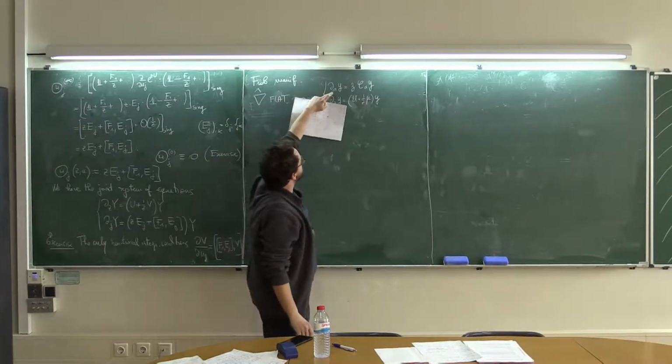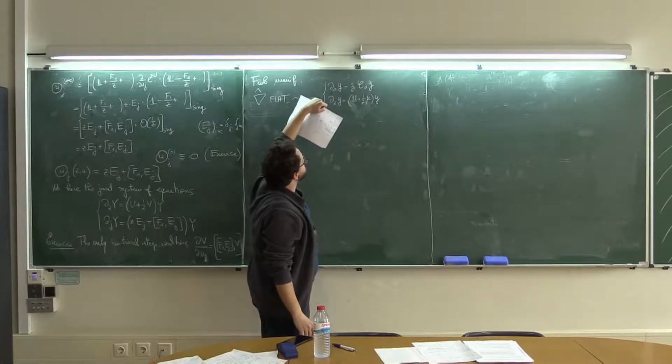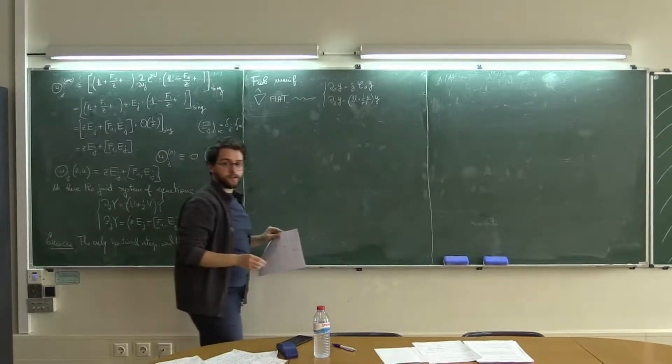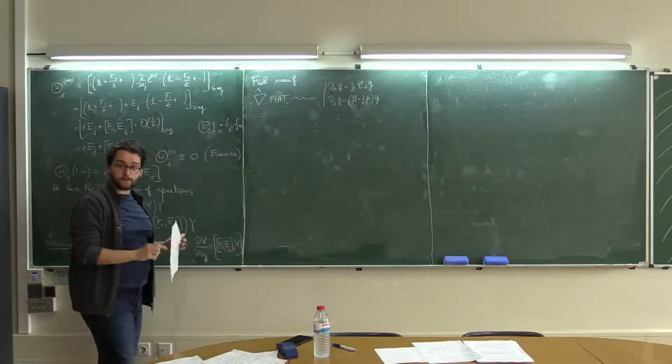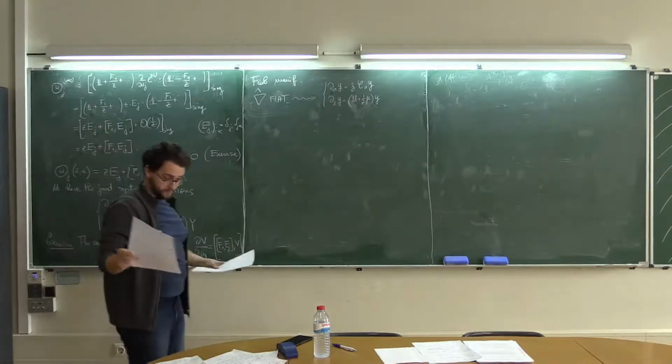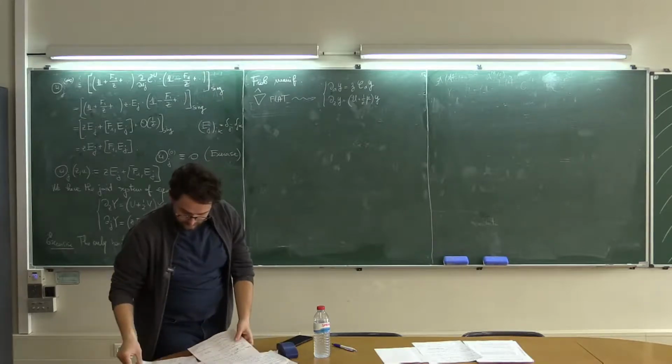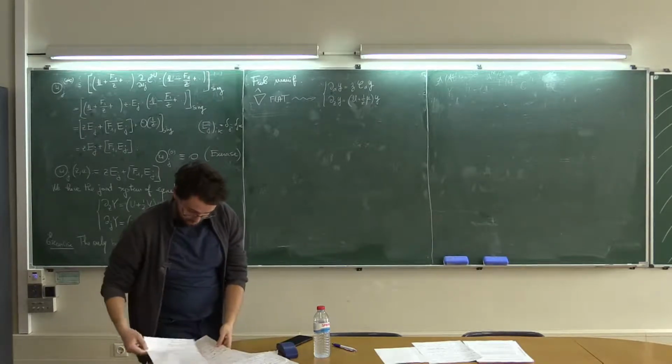These are derivatives with respect to the flat coordinates. Because, recall, Greek indices are with respect to flat coordinates, with respect to the Levi-Civita connection.